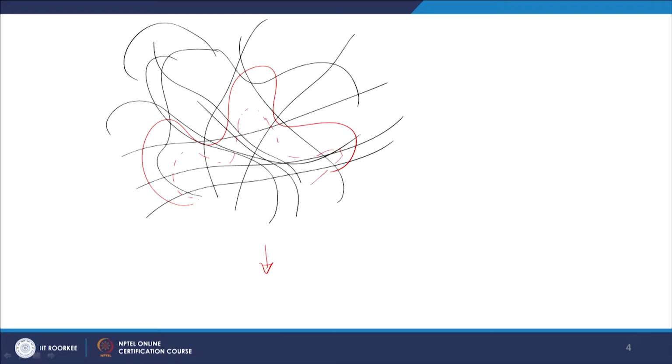For example, if I simply pull it in this direction, I hope to get something like this, the same chain here, but that will never happen, because this would require crossing of many polymer chains, and in fact crossing of two chains is essentially impossible, right. So, earlier I said in random walk models that overlaps are possible, because it is not equivalent to, say, two nuclei sitting on each other.